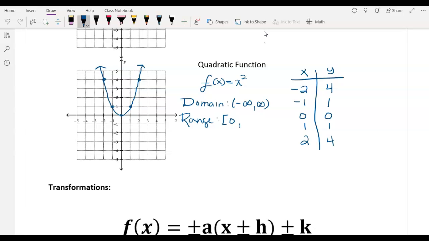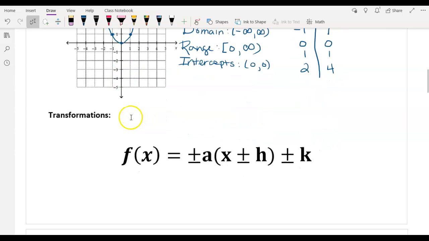It includes that value and then continues on and on forever to positive infinity. Our intercepts, we only have one, and it's both an x and y intercept of (0, 0). This is the function all quadratic functions are based off of. They all have transformations from this point on.